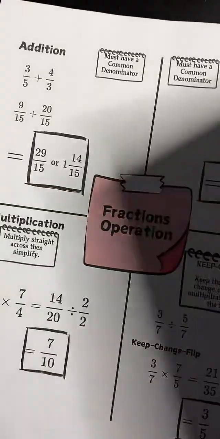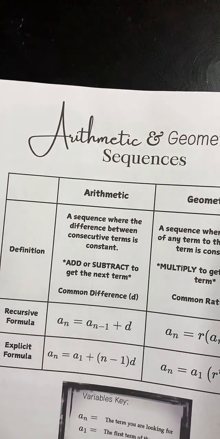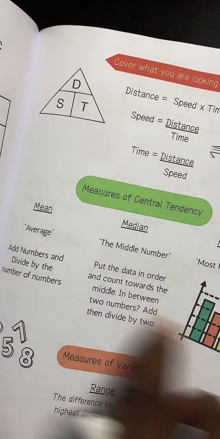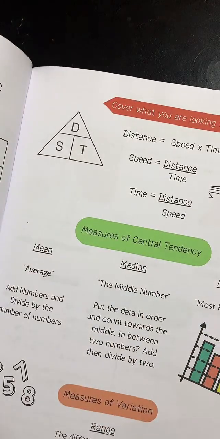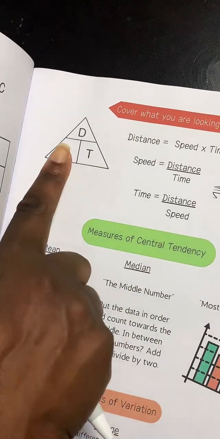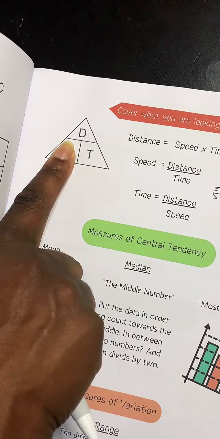decimal and fraction operations, also how to break down percents, decimals, arithmetic and geometric sequences. We're doing a little bit of measures of central tendency, also distance, speed, and time. You always want to cover up what you're looking for. If you're looking for speed, cover up the S, then you got your distance and time.